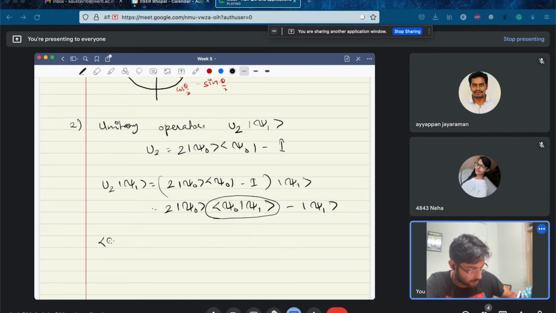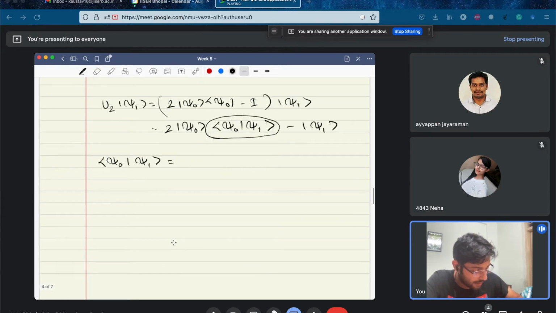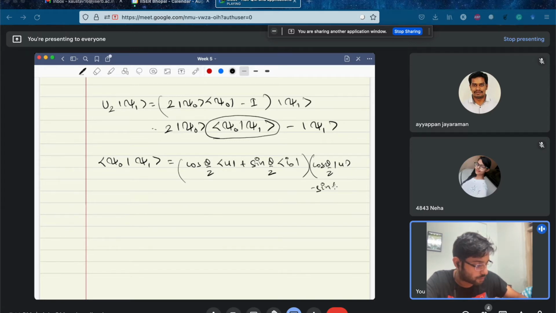Okay, the inner product of psi naught and psi 1. So we had psi naught given as cos theta by 2 u plus sine theta by 2 I naught, and psi 1 is same on u but minus sine theta by 2 on I naught.